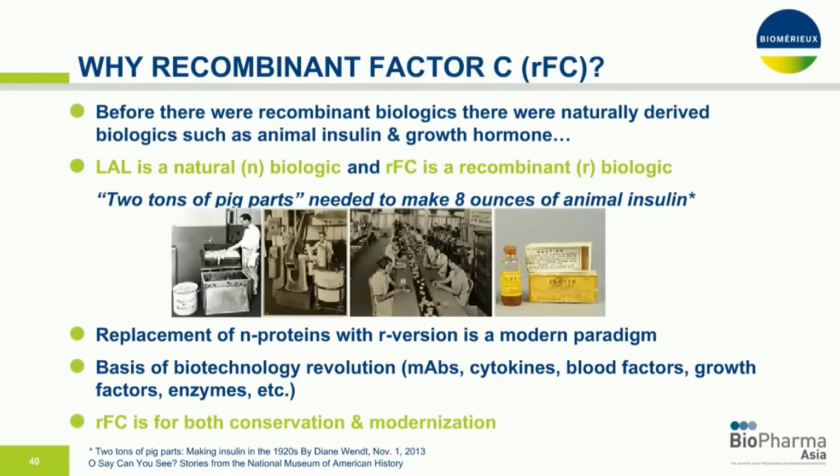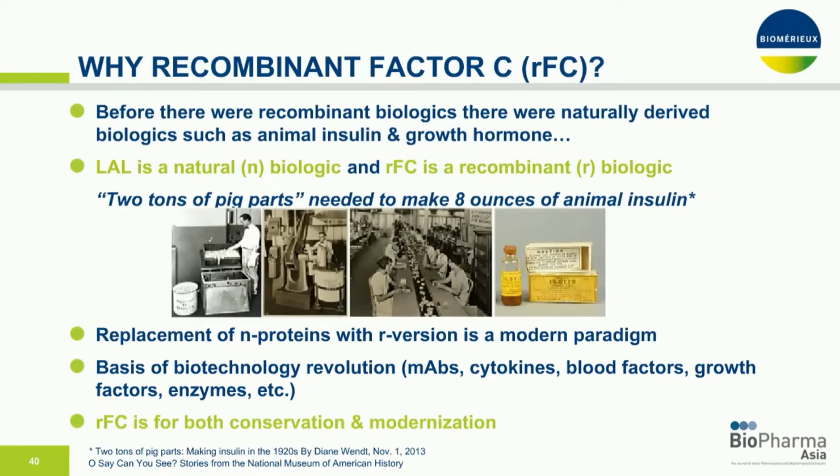In 1982, Lilly came out with recombinant human insulin, so that replaced the need to harvest insulin from pigs and cows. And I saw a paper that described that it took 2 tons of pig parts, as they called it, to make only 8 ounces of insulin. So you can see that's a laborious and not very efficient process.